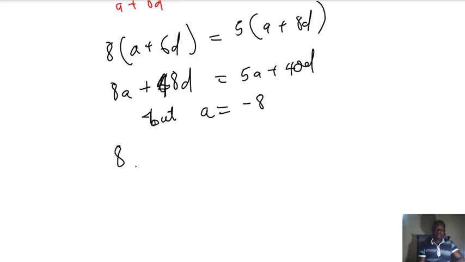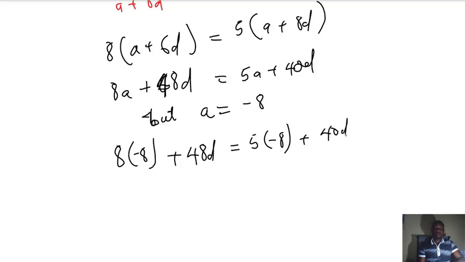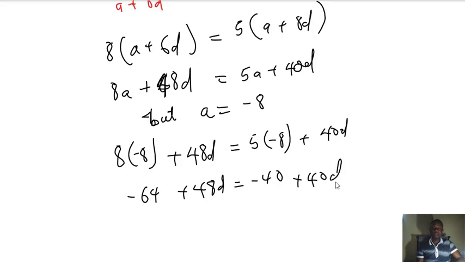So we have this part to be 8 times -8, then plus 48d, equal to 5 times -8 plus 40d. So we have 8 times -8 to give us -64 plus 48d, and it's equal to -40 plus 40d.